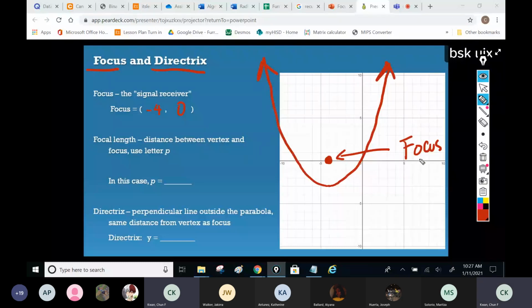After that, the distance in between the focus and the vertex of the graph, we will call the focal length.